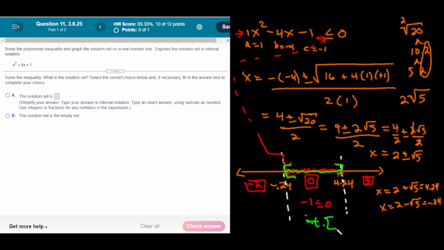Interval notation is bracket, the negative version, which is negative 0.24, right? Is 2 minus the square root of 5, comma, 2 plus the square root of 5. Did I just put plus and minus? Yes, I did. With a bracket. And that is it.